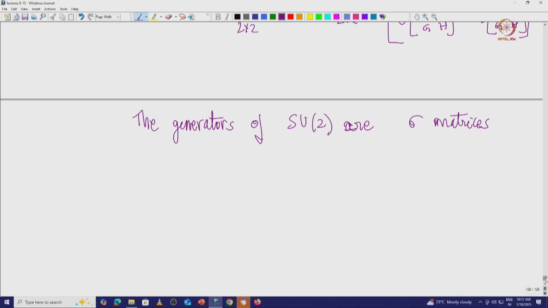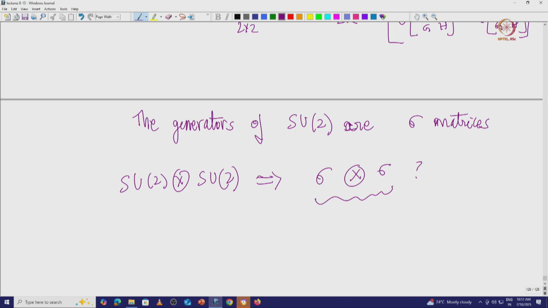Now what you have is SU(2) direct product SU(2). Essentially the generators would be direct products of sigma matrices. Now, have you seen the direct product of sigma matrices somewhere in the course of lectures?